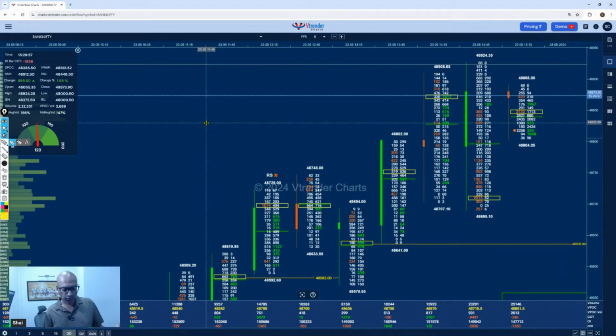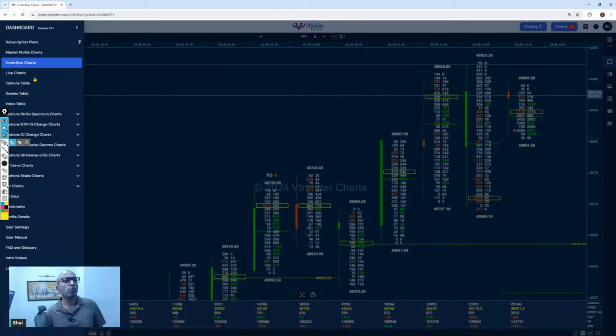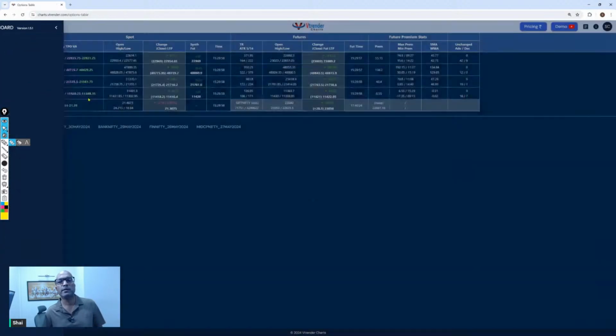A lot of traders, the only chart they look at is what is given by their broker, and the only indicator they track is the open interest of the market, right? So a lot of traders are tracking open interest changes, and they take positions based on how the open interest in the market is changing.